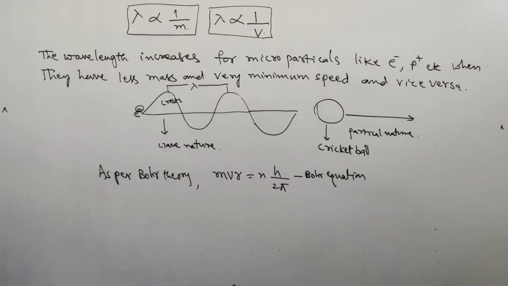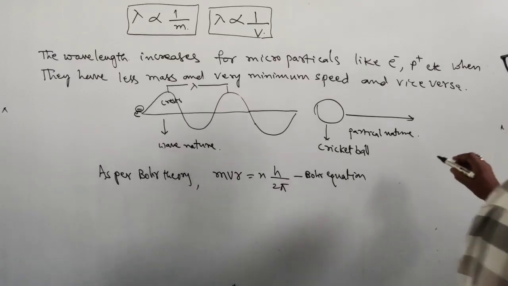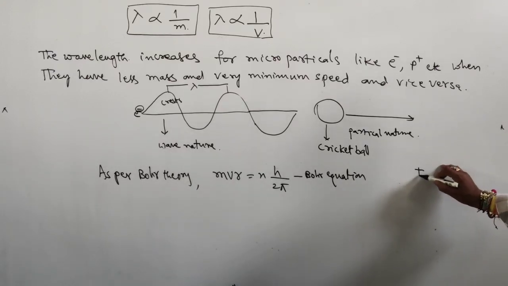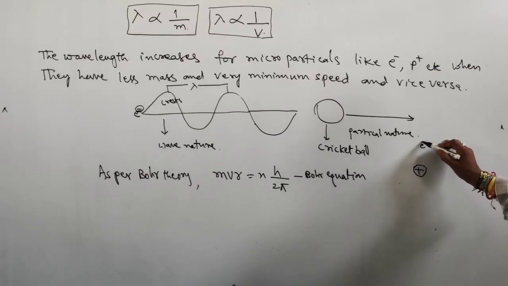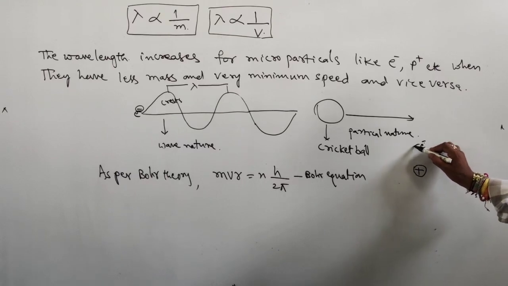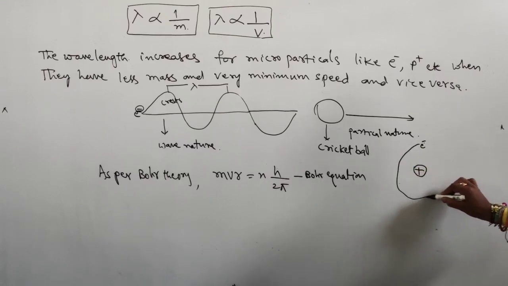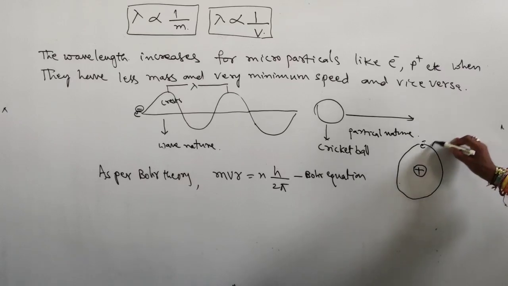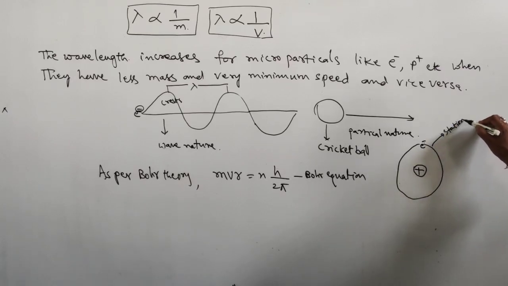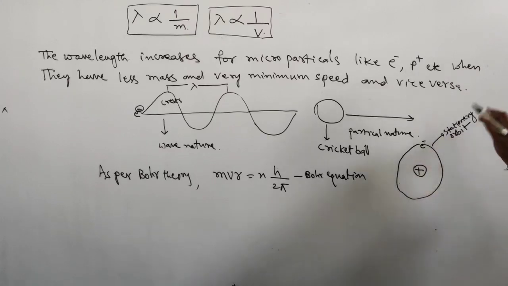That means, in an atom, the center part is the nucleus. The charged microparticle electron is moving around the nucleus in a stationary orbit. What do you mean by stationary orbit?